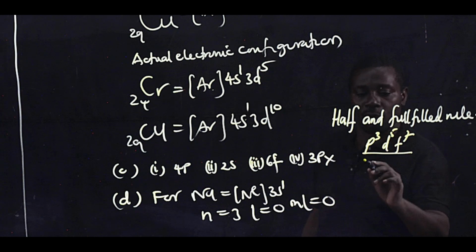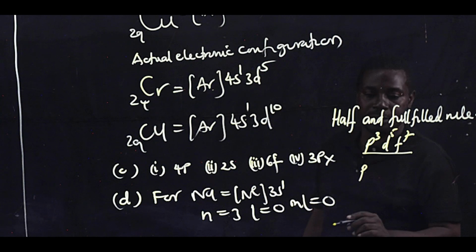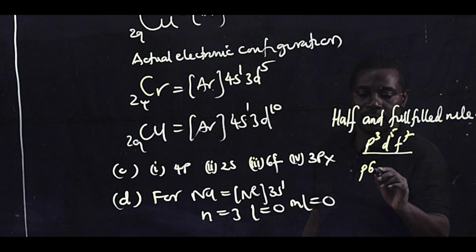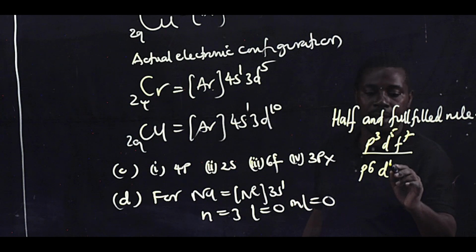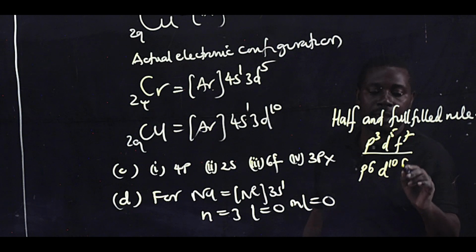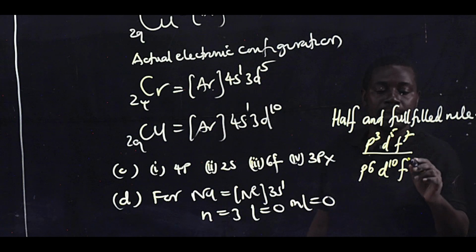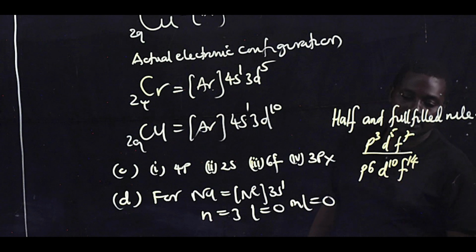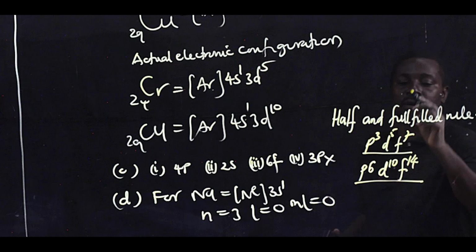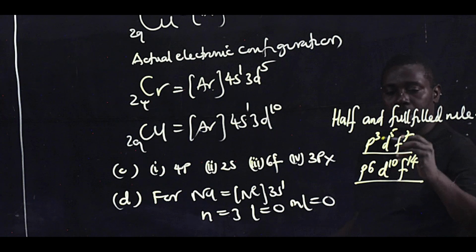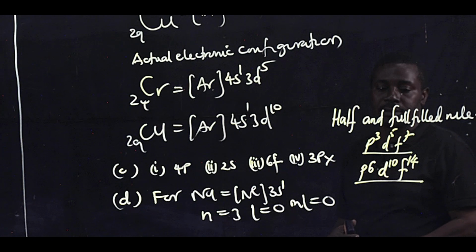And if these orbitals are fully filled, p with 6 electrons, d with 10 electrons, and f with 14 electrons, they are stable electron configurations because they have minimum energy content.